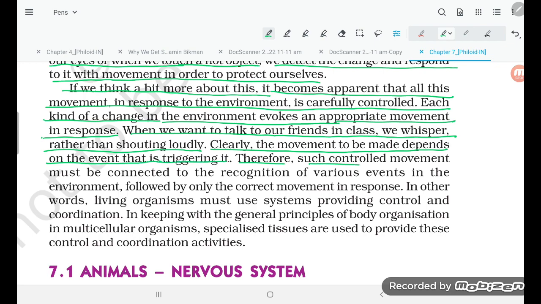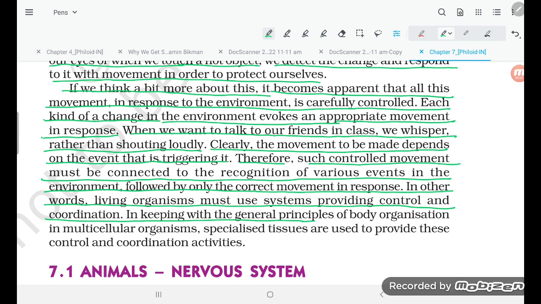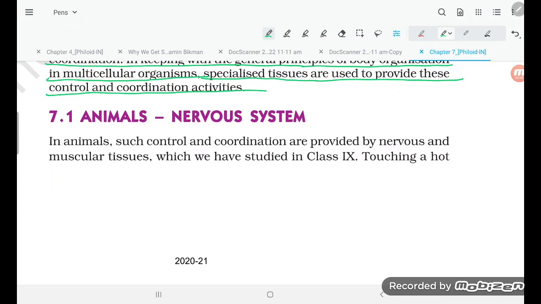Therefore, such controlled movement must be connected to the recognition of various events in the environment, followed by only the correct movement in response. In other words, living organisms must use systems providing control and coordination, in keeping with the general principle of body organization.